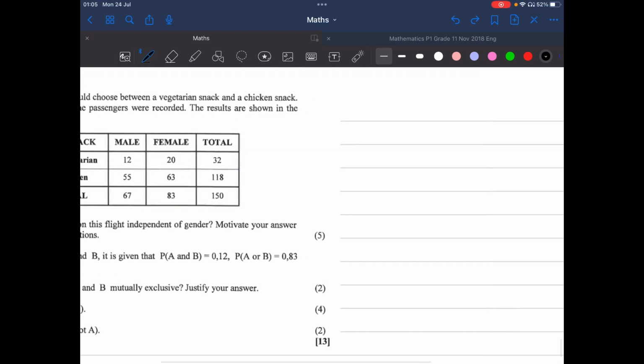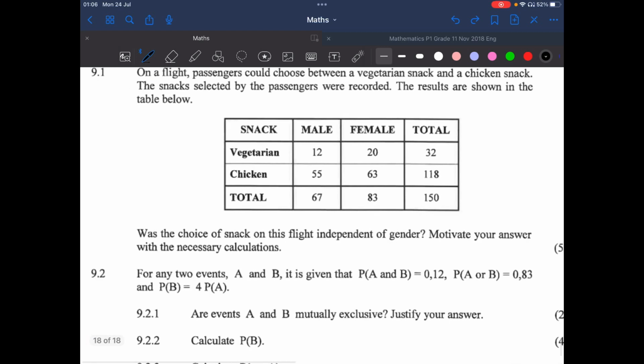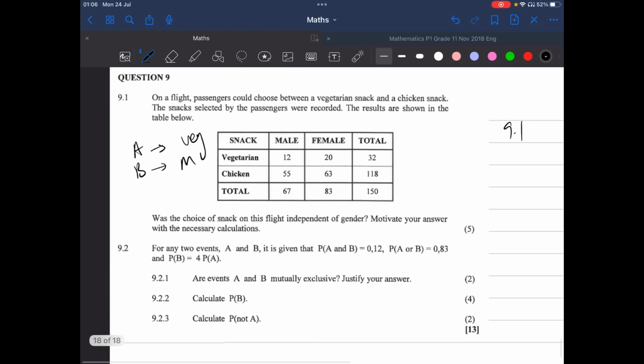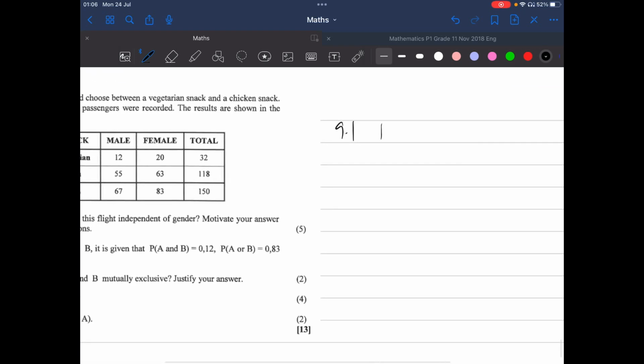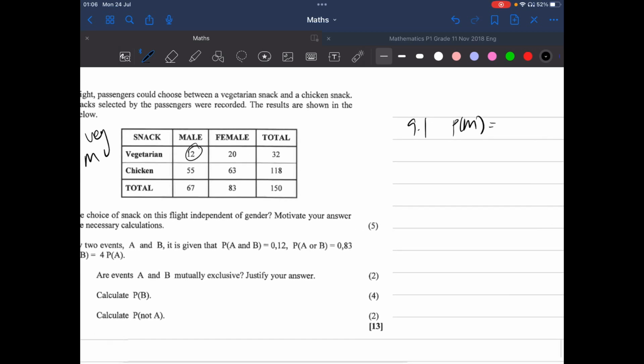So let's choose an example. Let's choose our events A and B. Let's make event A being vegetarian, so you chose the vegetarian snack, and let's make event B being male. So the probability of being male was 67 over 150.